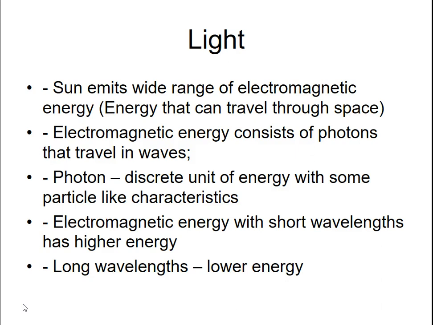And this electromagnetic energy consists of photons that are going to travel in waves. Now, you can think of a photon as sort of a small pulse of energy. It's sometimes described as being a unit of energy that has certain characteristics that are somewhat particle-like.